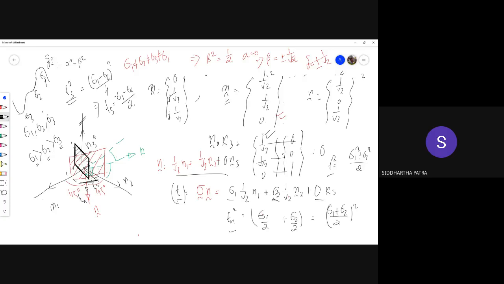In this case, the plane is N3. And then on the plane N1, N2, at an angle of 45 degrees. If I extend this line, that also makes 45-degree angles on either side. So at an angle of 45 degrees, that is parallel to the second normal that we showed, and on that direction your shear would be acting.